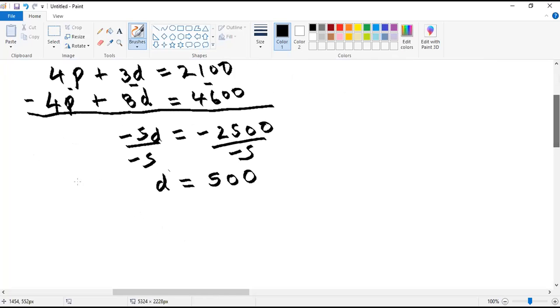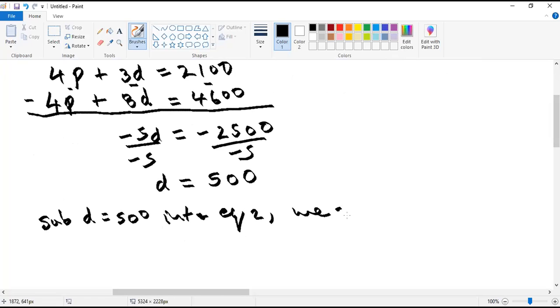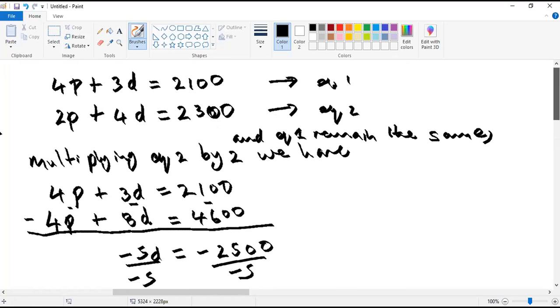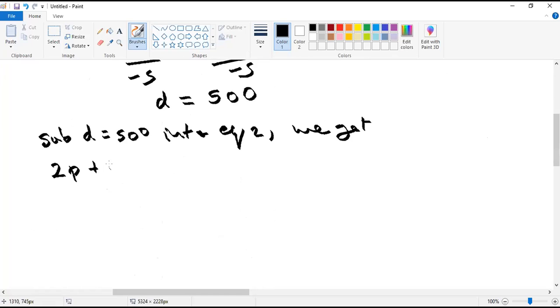So D equals 500, substituting into equation 2, we get 2P plus 4D, but D is 500, equals 2,300.